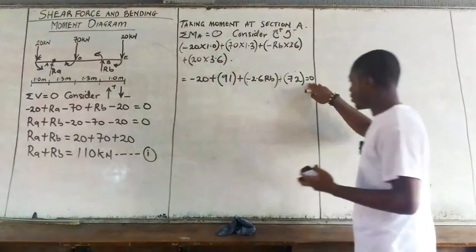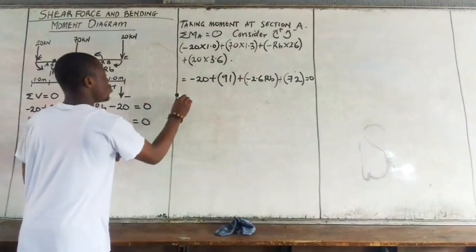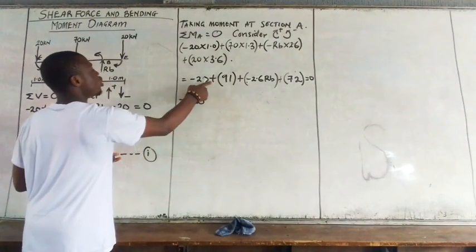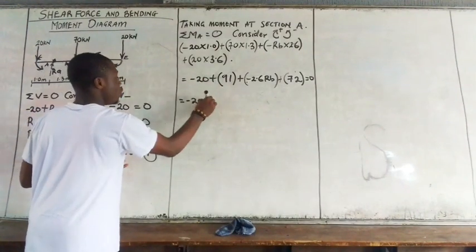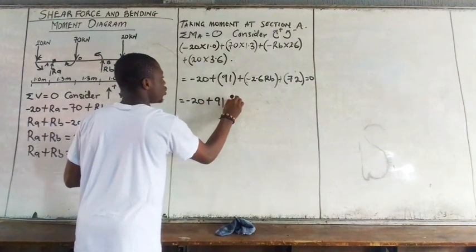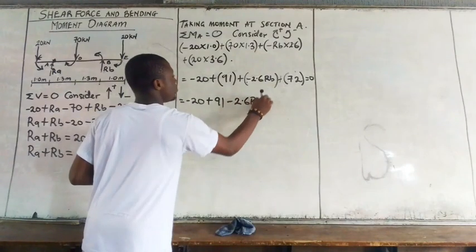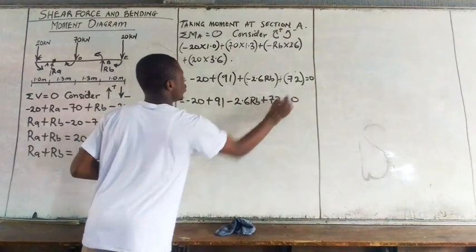Let's go on. I will have minus 20 plus 91 minus 2.6 RB plus 72 is equal to 0.